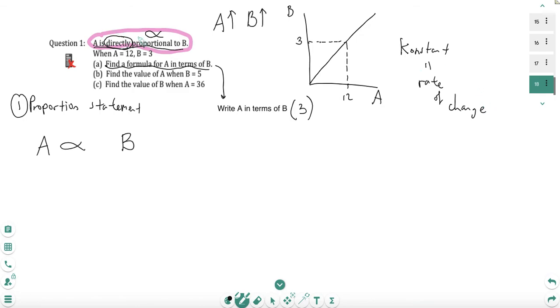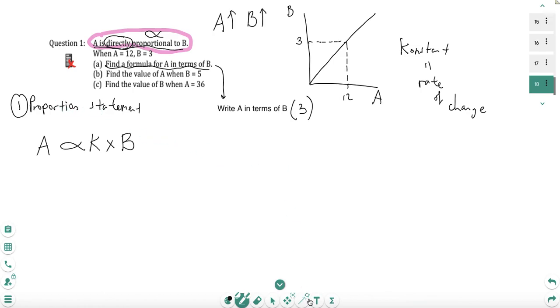Okay? Now, if A is directly proportional to B, there will be a constant and it'll be multiplied to B, all right? When we do indirect proportion, it'll be slightly different. Whenever things are directly proportional, it'll be the constant times the variable, okay?